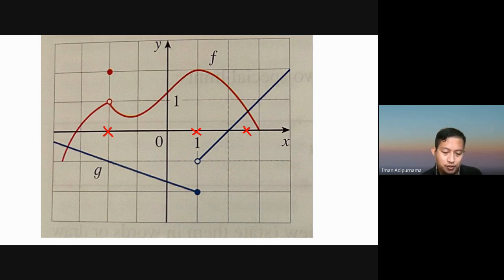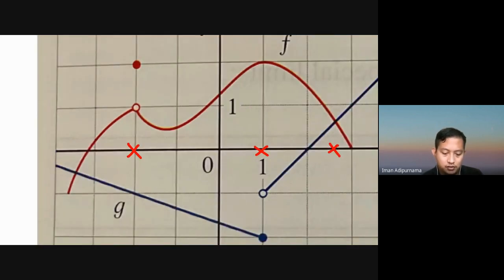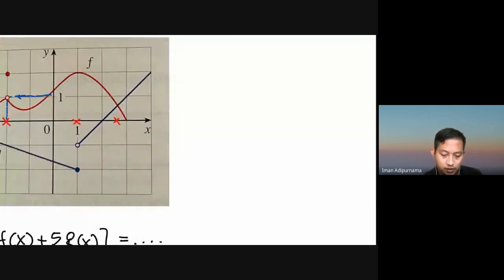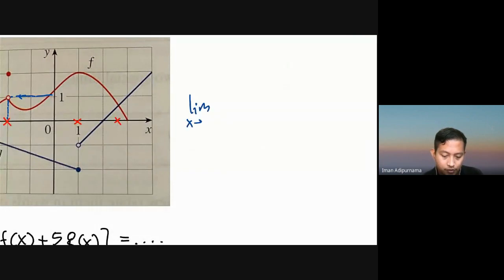Now, if you see the first case here, we approach f from the left and from the right, and it goes to 1, right? So the limit as x approaches -2 of f of x is, from the graph, equal to 1.